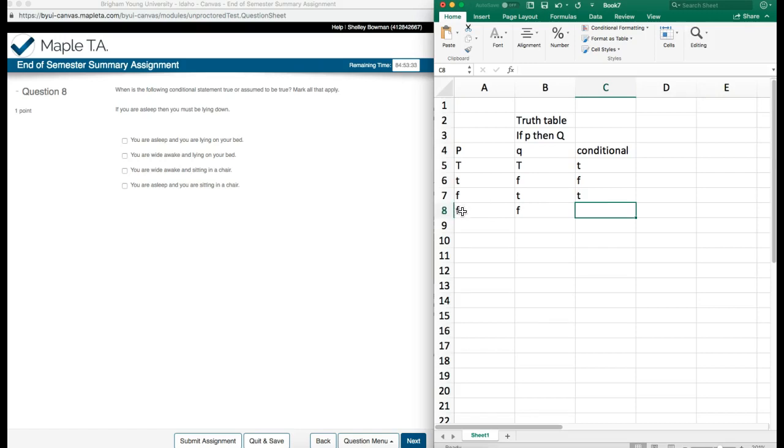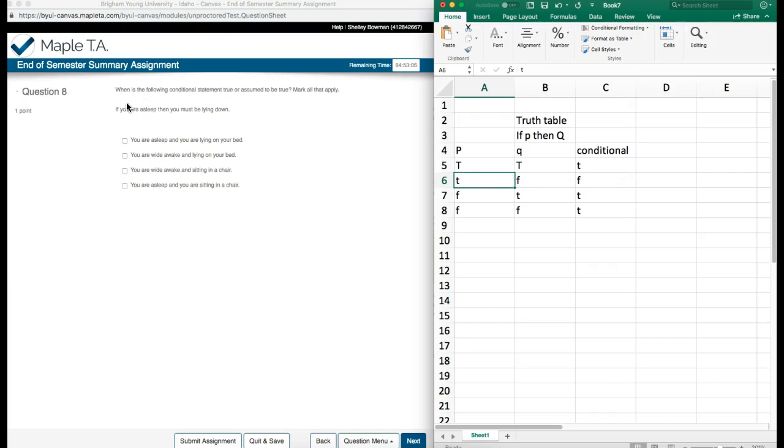If he didn't take the medicine and the headache didn't go away, well, the medicine still probably would have been effective, but we can't say that because he didn't take it. So it's still true. So there's only one way to make the conditional statement false, and that's if you have, yeah, I did take the medicine, but it didn't take care of my headache. Therefore, the conditional statement, if he takes the medicine, then his headache will go away, is false.